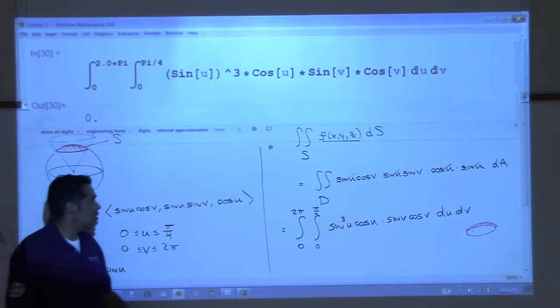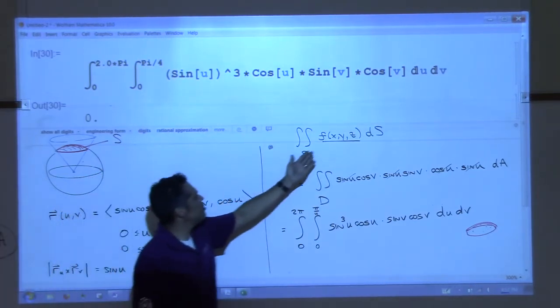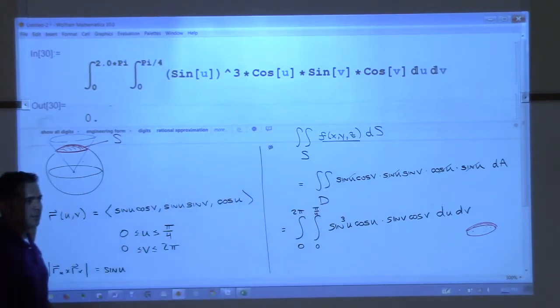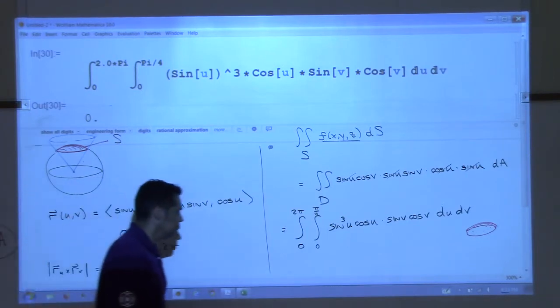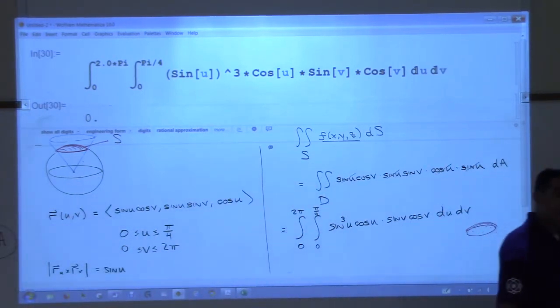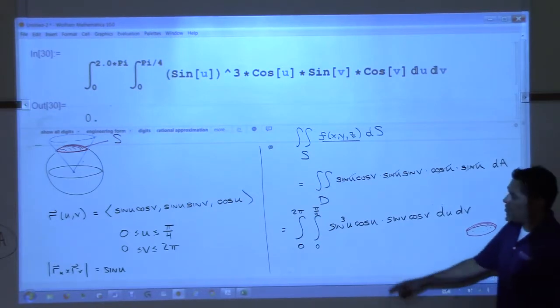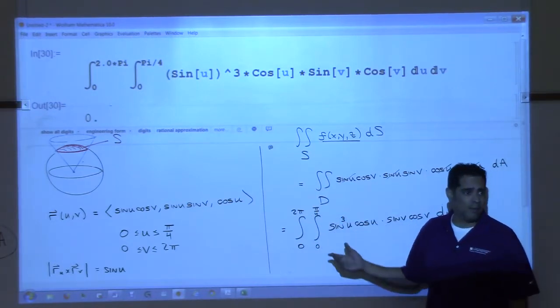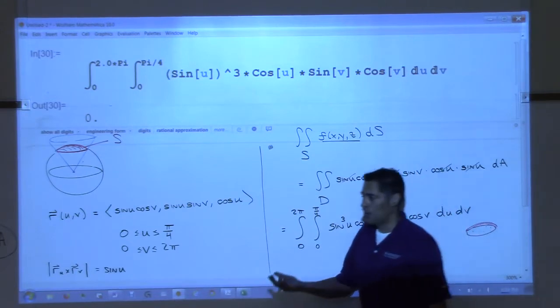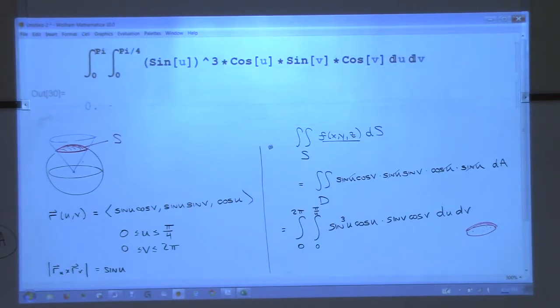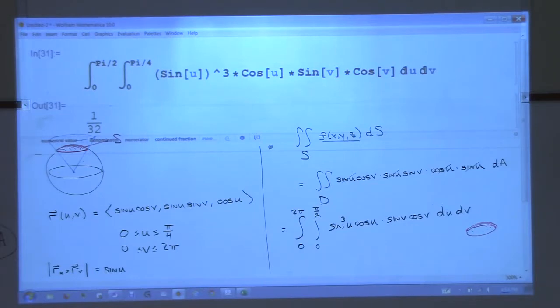Yeah, okay. So if we change the function in here to something better, then we would have a non-zero answer, all right? Pardon me? Yeah, we could move the whole thing to the first quadrant. So what if, instead of from 0 to 2 pi, we just go from 0 to pi over 2? Let me do that because it's easy to do. Then we would get something other than 0. 1/32, okay?